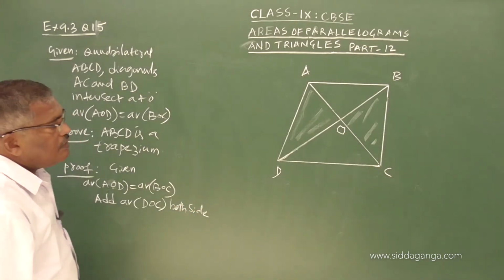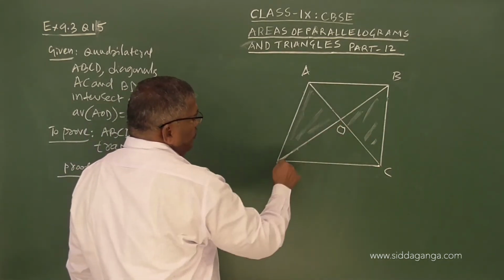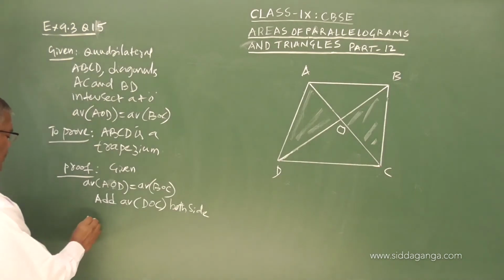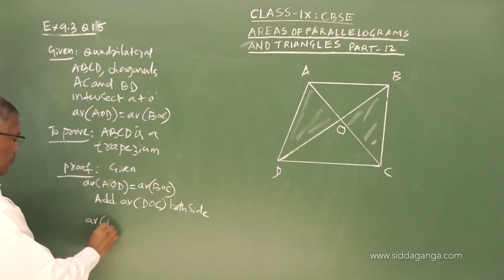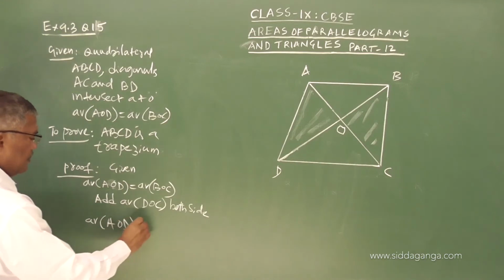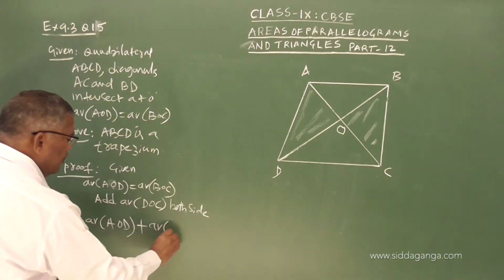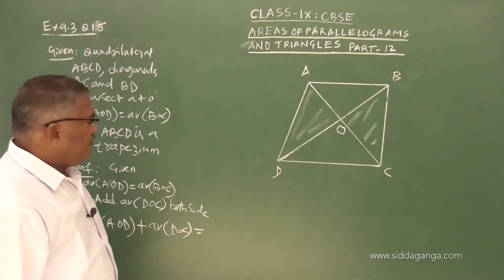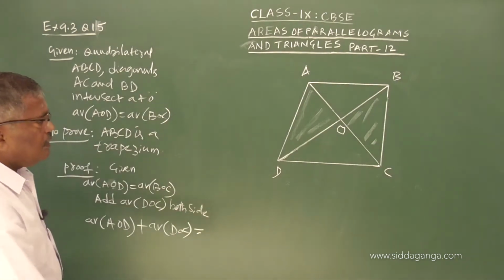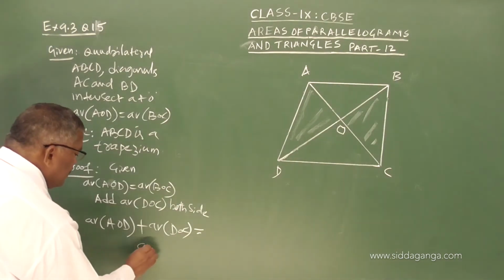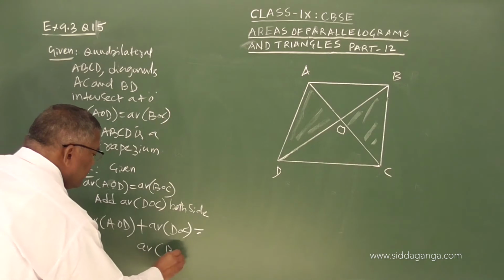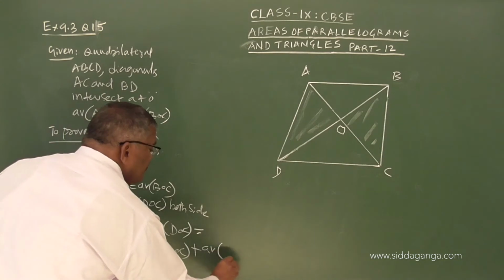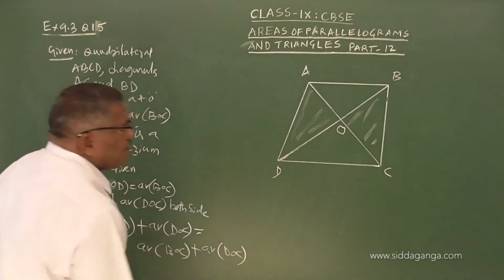So if you add, what happens? We are adding AOD plus DOC on the left side: area AOD plus area DOC equals right side area BOC plus area DOC.